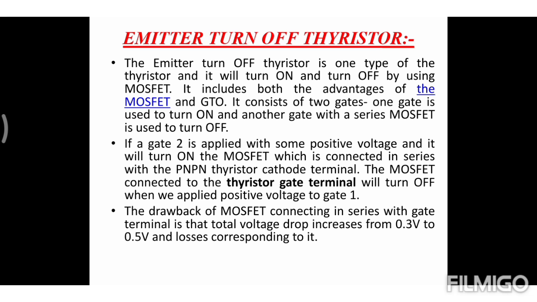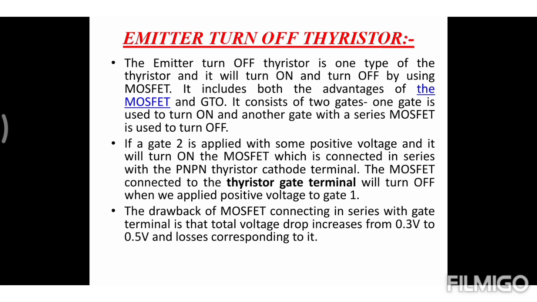Next, the drawback of this is that the MOSFET is connected in series with the gate terminal, so the total voltage drop increases from 0.3 volts to 0.5 volts, and the losses corresponding to it. That means, see here, we are using the MOSFET and GTO.